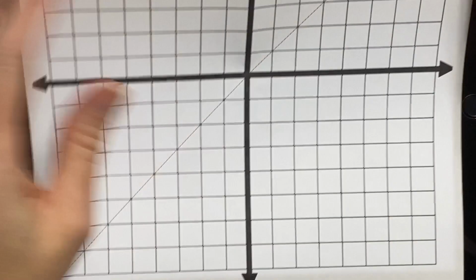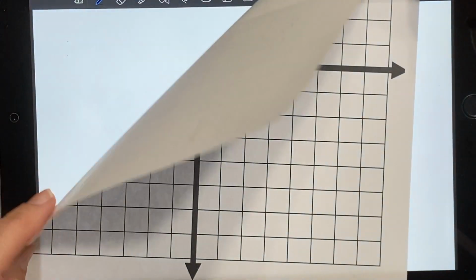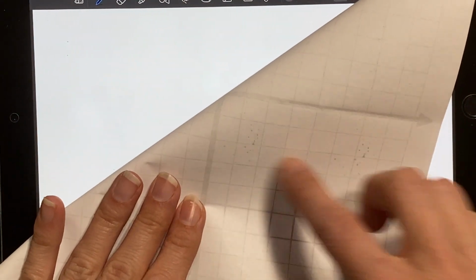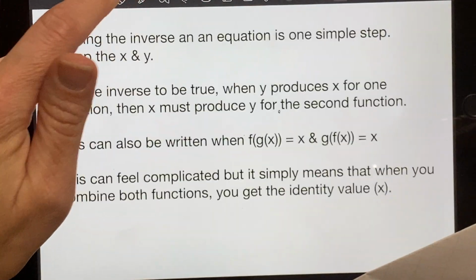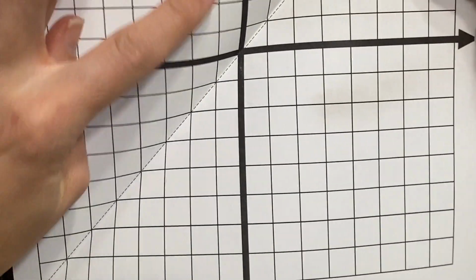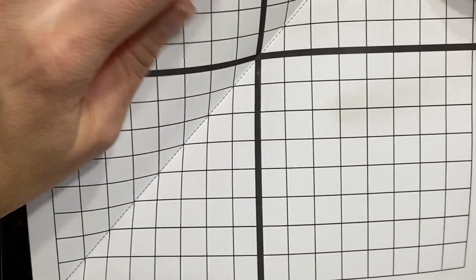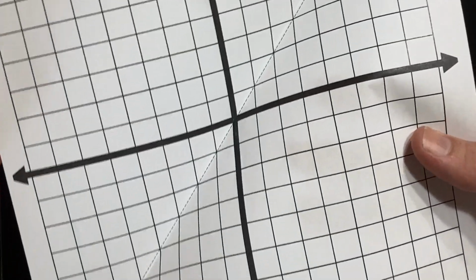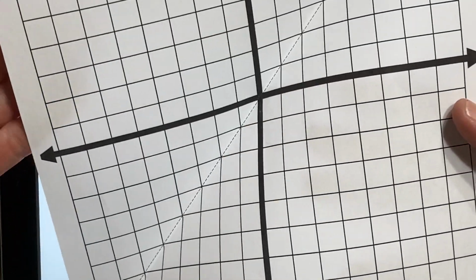And so we have this coordinate plane, and we're going to fold it right along that diagonal so that it matches right there. So here is our line of reflection. And as we plot points, we're going to use hole punches or a sharp pencil so that we can see exactly where it looks like.